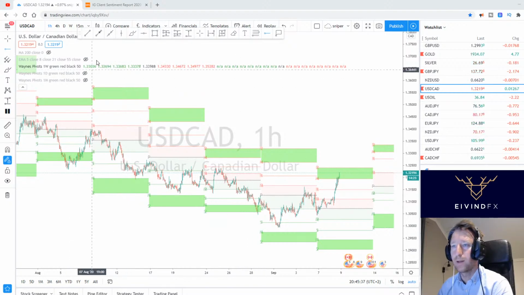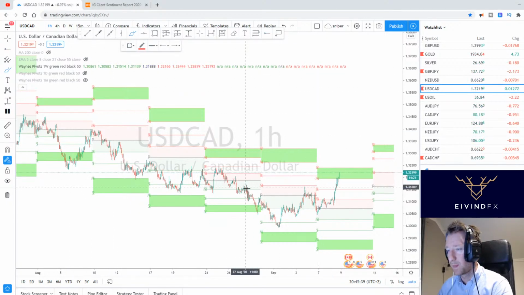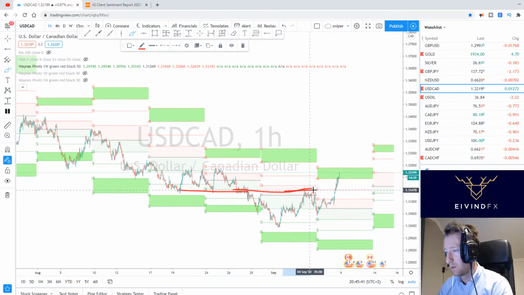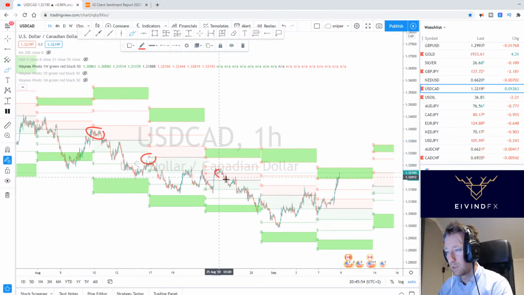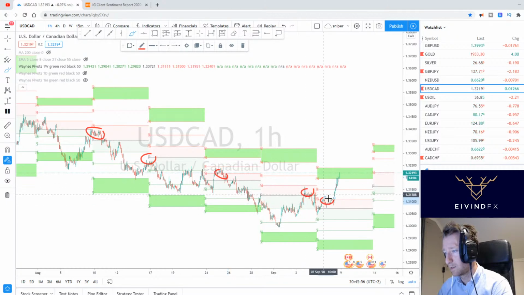So, okay, let's make some fun out of it. This is the sell, and this is the stop loss. So if you have been selling, selling, selling, this is stop.